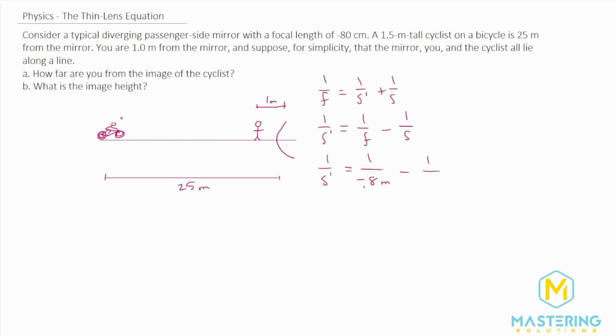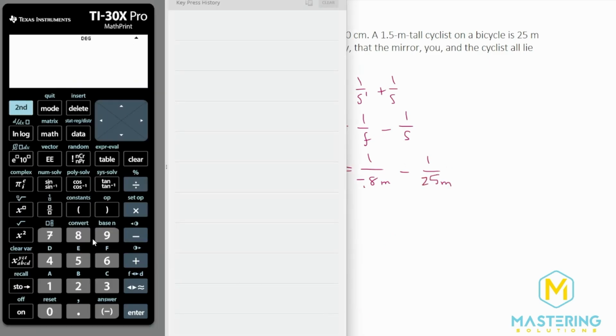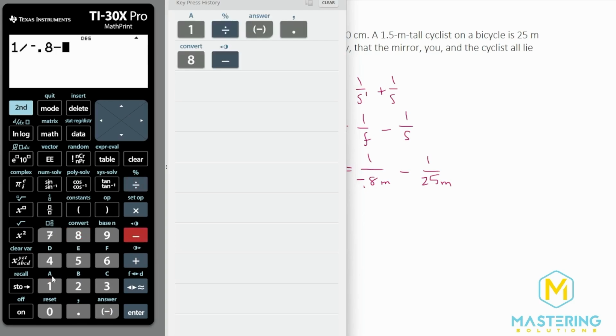And in this case, we're forming an image of the cyclist. So we'll use the 25 meters because the object to the mirror is the object distance, obviously. So 25 meters. So we have 1 divided by negative 0.8 minus 1 divided by 25 gives us negative 1.29 diopters.